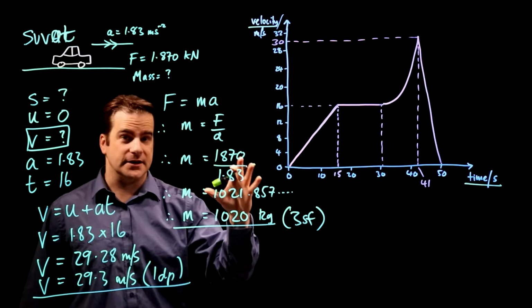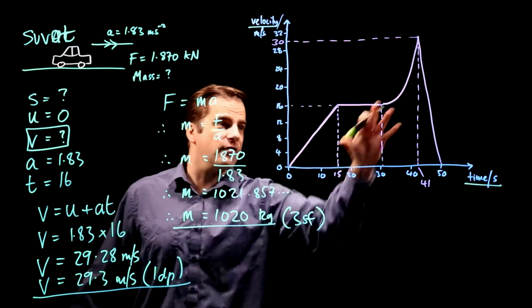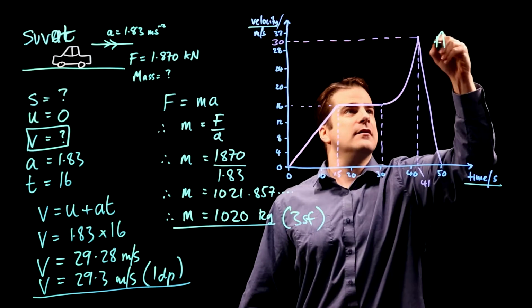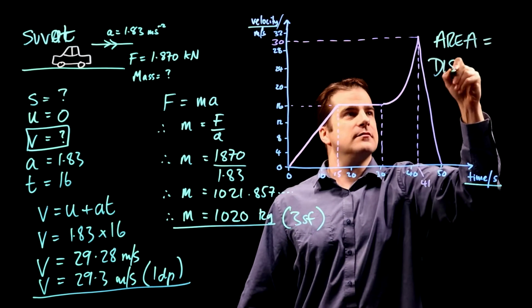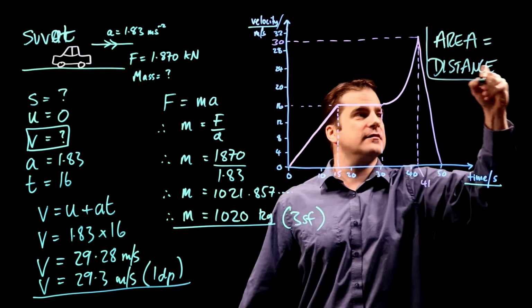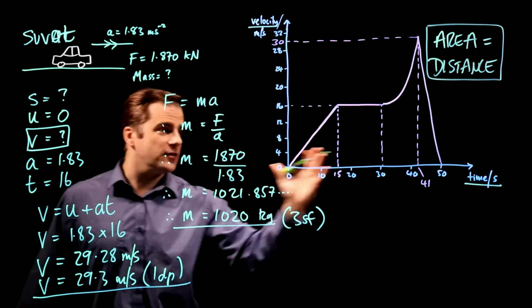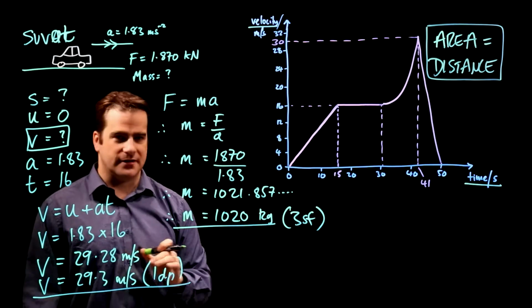And immediately you should already be thinking, velocity time graph, area under the graph equals distance. Velocity time, area equals distance. I bet you they're going to ask about that. That's what the bell should be saying. As soon as you see a velocity time graph, always think, bet you it's going to be about area under the graph is distance.